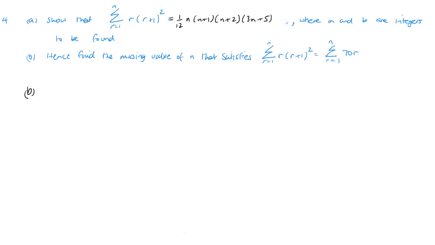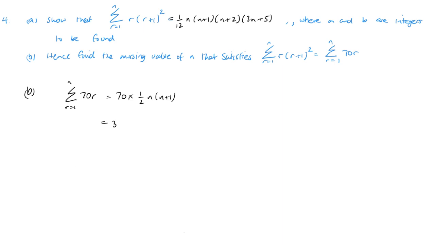Hence, find the missing value of n that satisfies this. Okay then. Just focusing on this 70r first. So this is 70 times the sum of r, which is a half n plus 1.